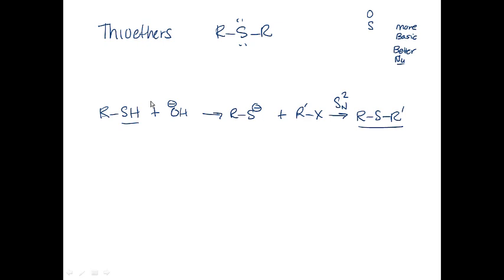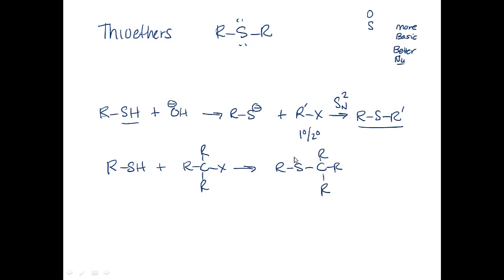If it was SN1, I would just react the SH with a tertiary halide. But if this is a primary or a secondary halide, you're going to get very easily the formation of the thioether simply by this SN2 Williamson-like reaction. If it's a tertiary halide, I probably would just react the thiol with my tertiary halide, and that's going to form then this thioether by an SN1 mechanism.